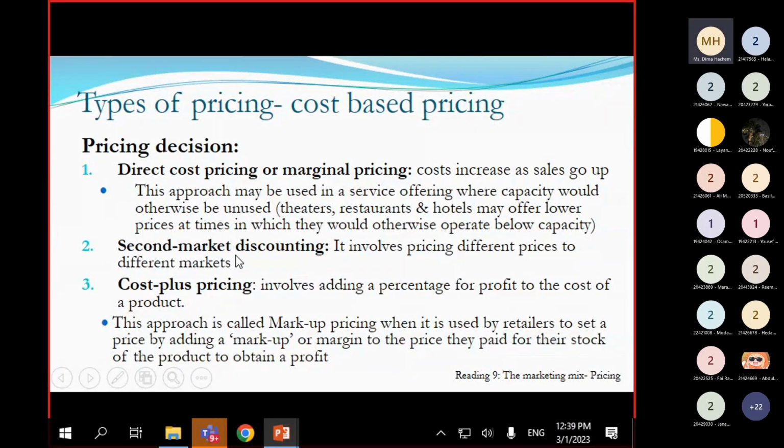Second, market discounting. It involves charging different prices to different markets. So pricing the same product depending on what the market is. Yani you price your product in Saudi Arabia differently than what you price it in Paris, for example. Cost plus pricing is mostly used with projects, with construction projects.